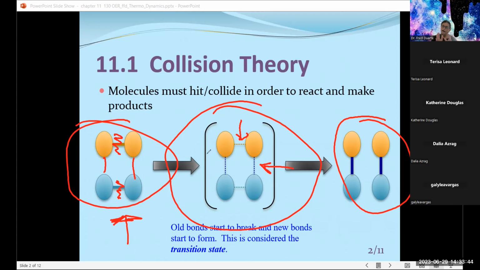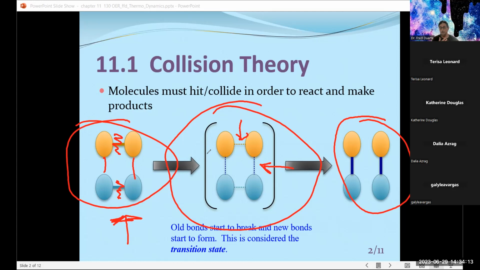Not only that, you've got to hit it with the right amount of energy. If you don't hit it hard enough, that ball is not going to go into the pocket you're shooting for. Or if you hit it too hard, it might just shoot off the table. So a lot of factors have to come into play to get that ball into whatever pocket you needed. And that's what's happening here with chemistry.